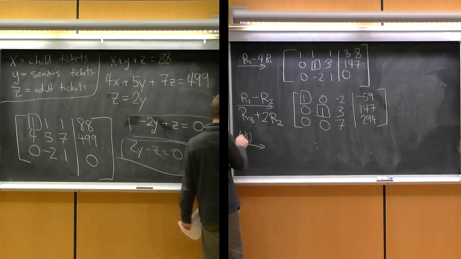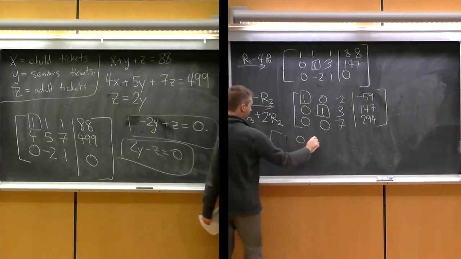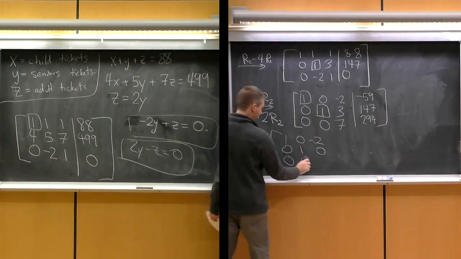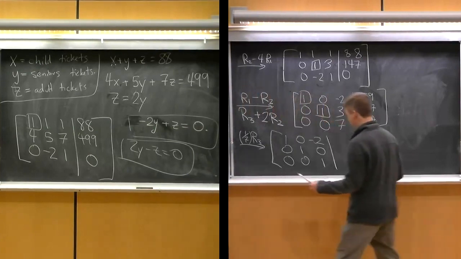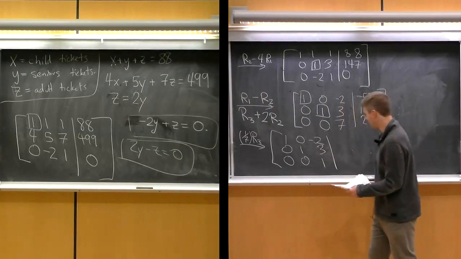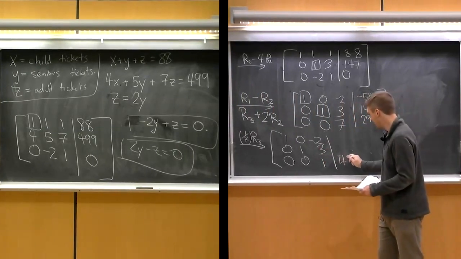So 1 over 7 times row 3. You guys will get a lot of practice with this, so don't worry. Oh, sorry, this was a 3 still. So that should give 42 here.